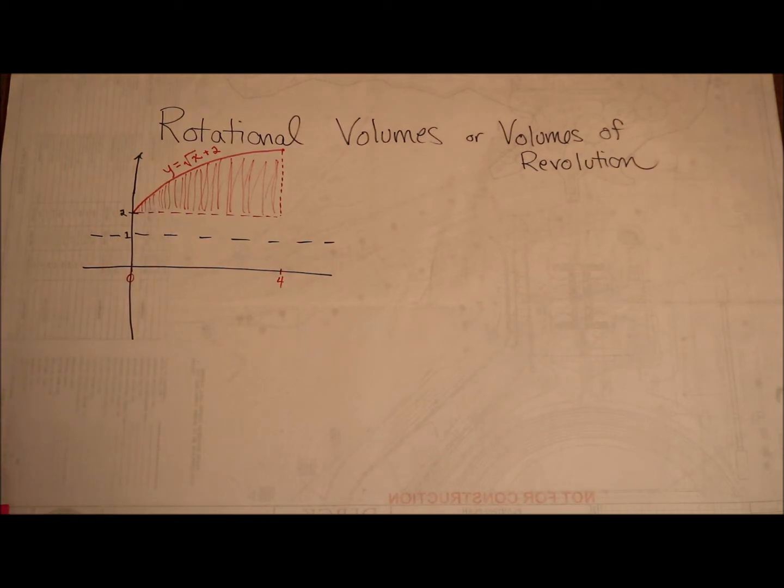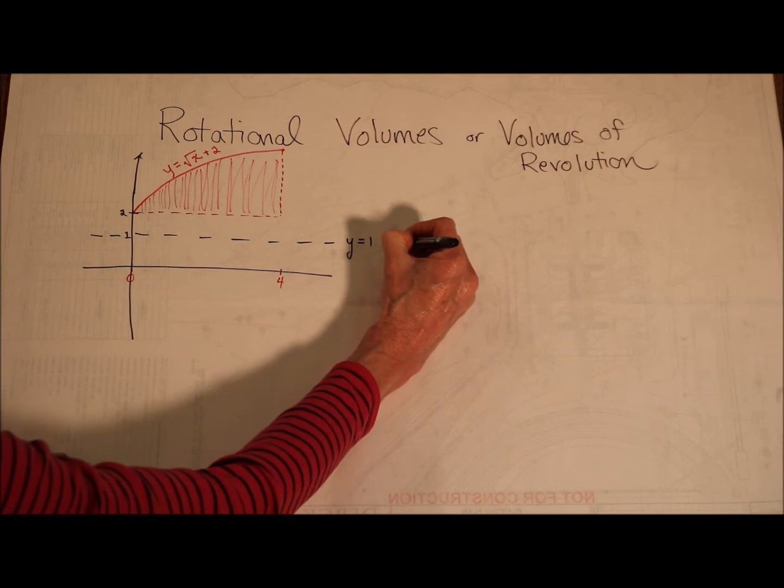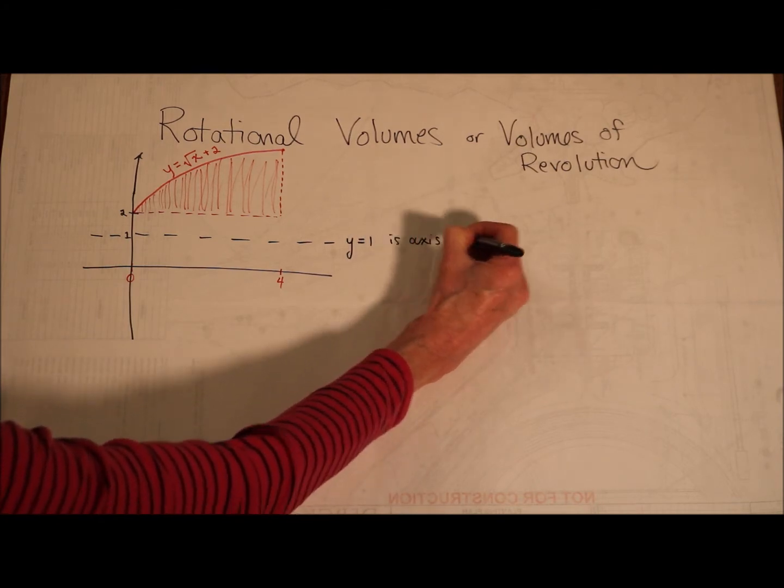And I'm rotating this around the line y equals 1. So y equals 1 is my axis of rotation.